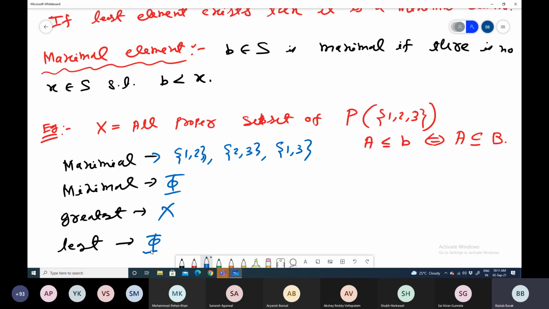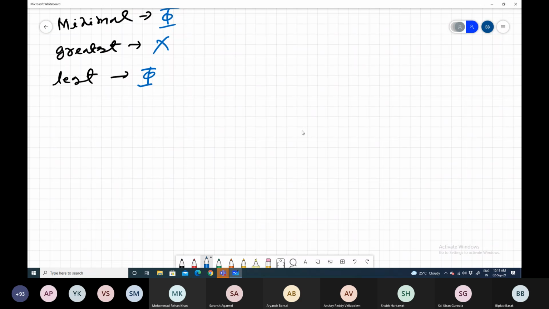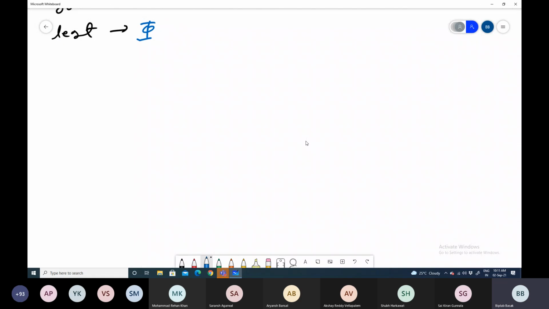Okay, so this is simple. Now in a similar notion, you can also define upper bound and lower bound, and the least upper bound. Now we can define upper bound.